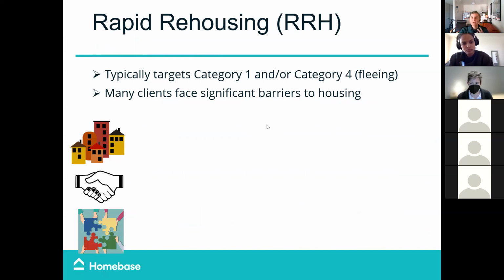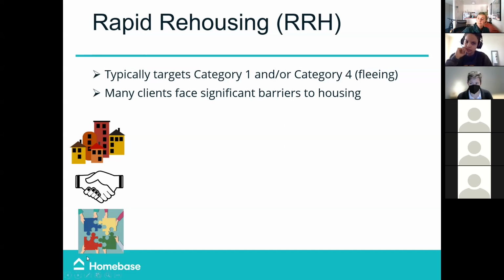There is no requirement for rapid rehousing that clients have a disabling condition, but I want to call out that many and most clients that are referred to rapid rehousing in Santa Clara County are facing significant barriers to housing. So we want to emphasize that the support that folks need in rapid rehousing is intensive in a lot of cases.